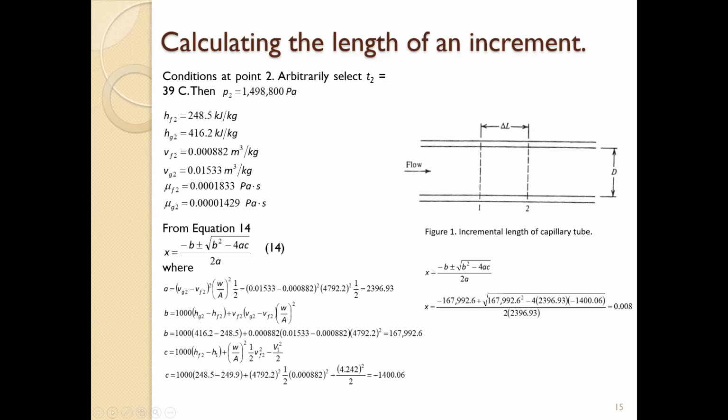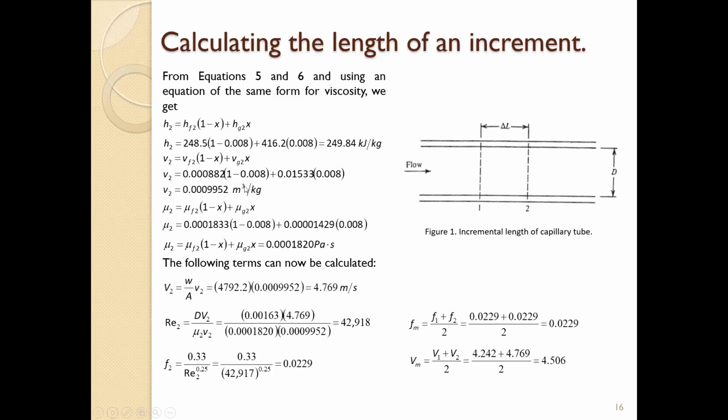Then from 5 and 6, using an equation of the same form for viscosity, h2 is equal to sF2 times 1 minus x plus sG2 times x. Substituting the values, h2 is 249.84 kilojoule per kilogram. v2 likewise is 0.009952 cubic meter per kilogram. Mu2 is then 0.000180 Pascal second.